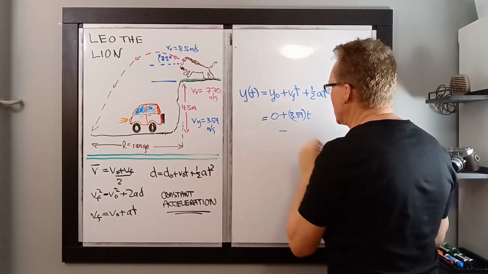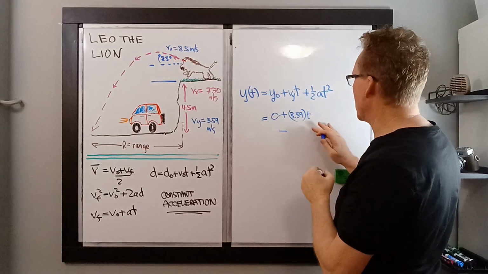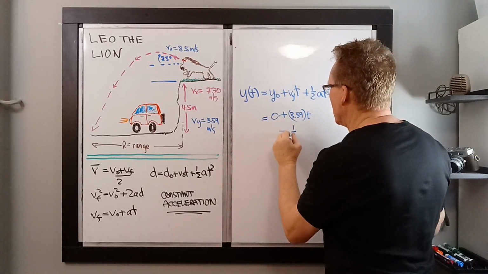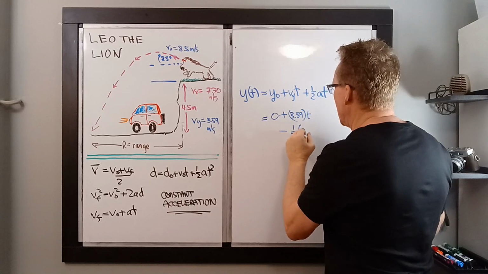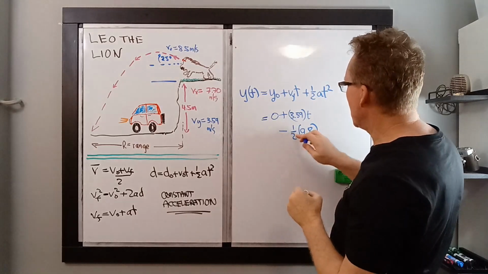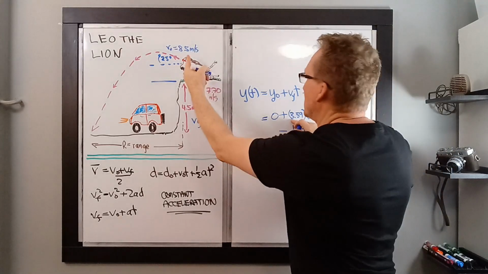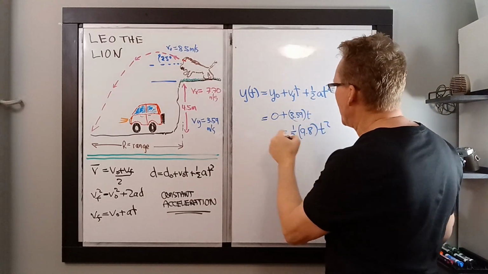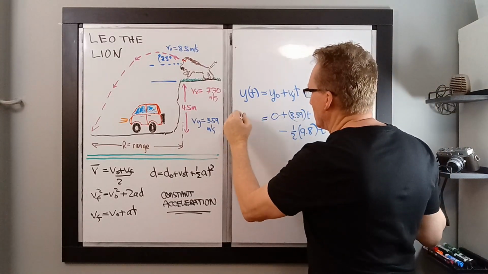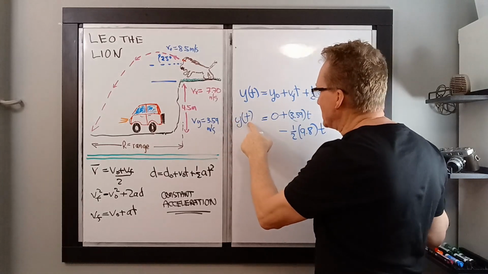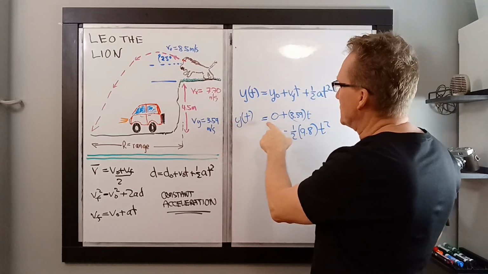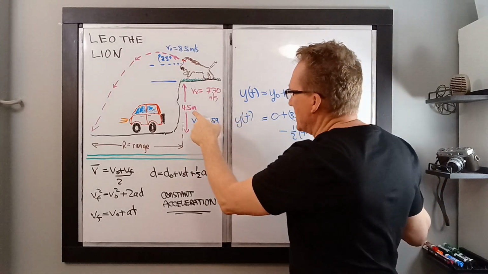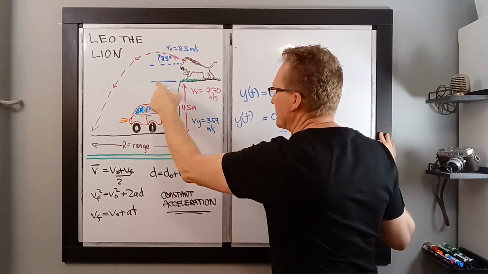And then we're going to subtract 1/2 times 9.8 because that's the acceleration. It's going the opposite direction of the velocity, hence I'm making it negative, times t squared. So we're trying to find out at what time he's in what position. We're trying to find out when he is at minus 4.5 from here.